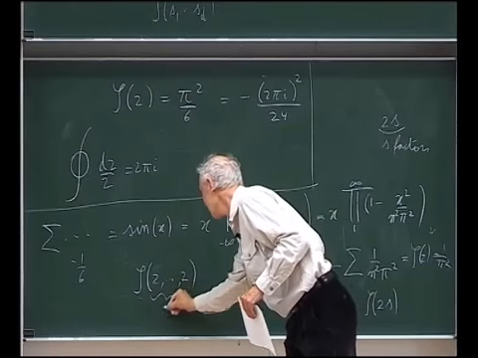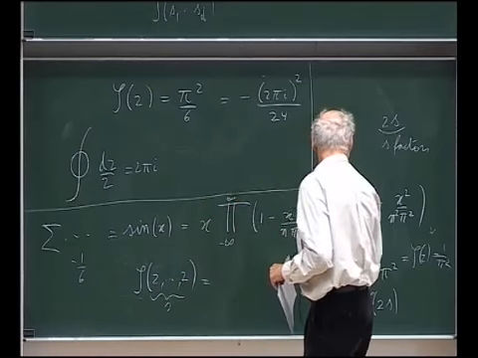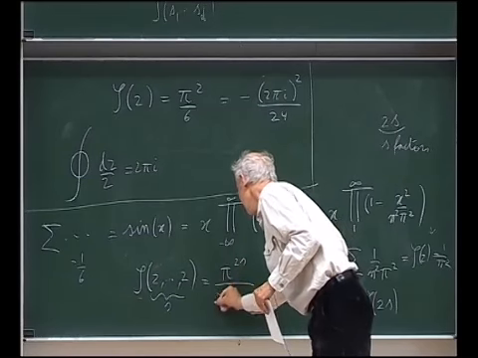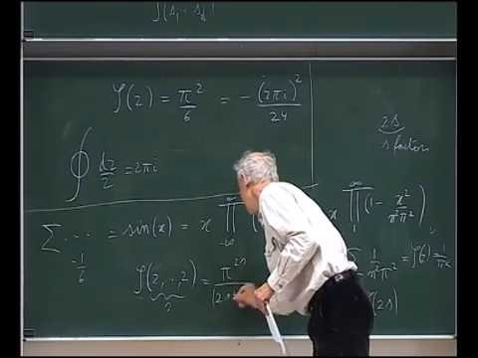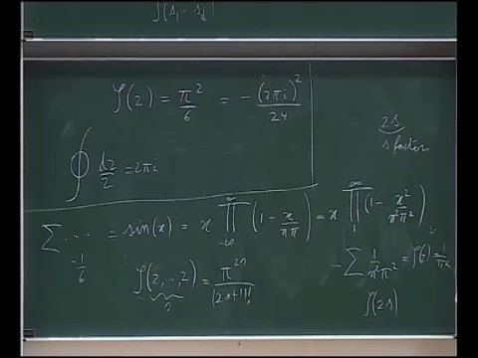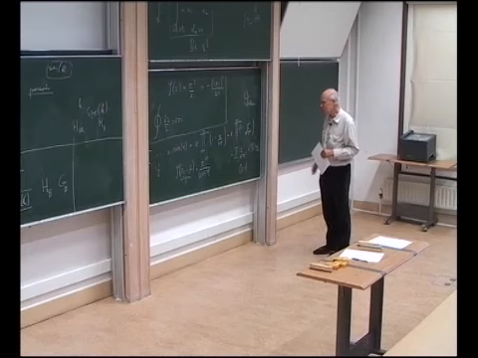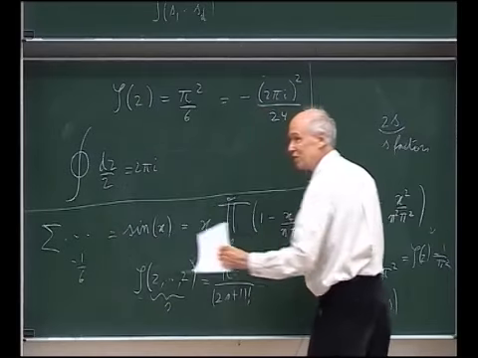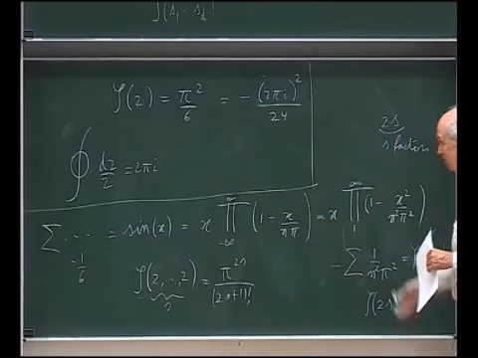So I leave it to you as an exercise to check that doing this one obtains multi-zeta of 2, ..., 2 (s times) equal to pi to the 2s divided by (2s plus 1) factorial. So that's another identity coming from this expansion.